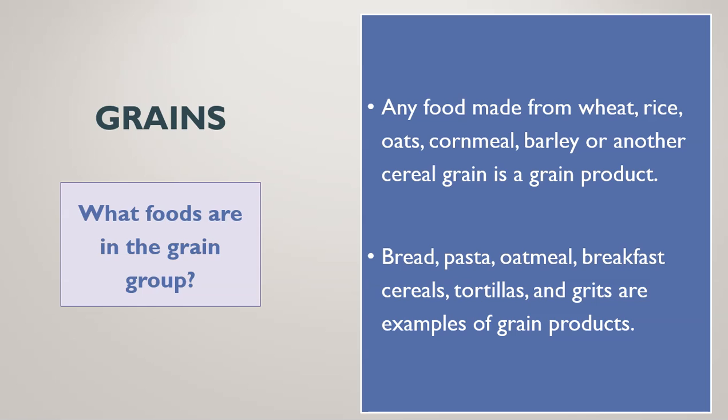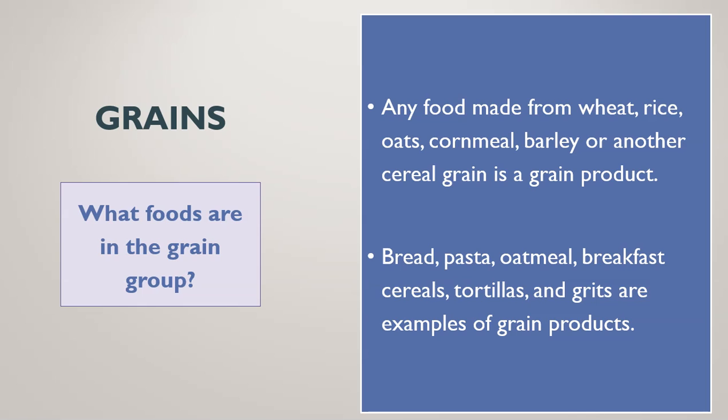And now we're over on the other side of the plate in this area that gets referred to as grains in the MyPlate scheme. And what foods are in the grain group? Well, any food that's actually made from a grain.